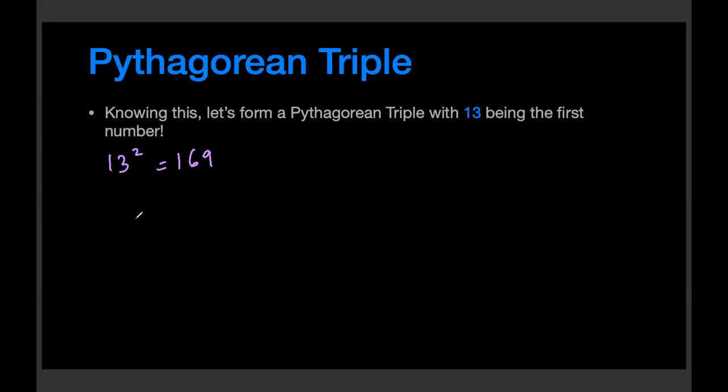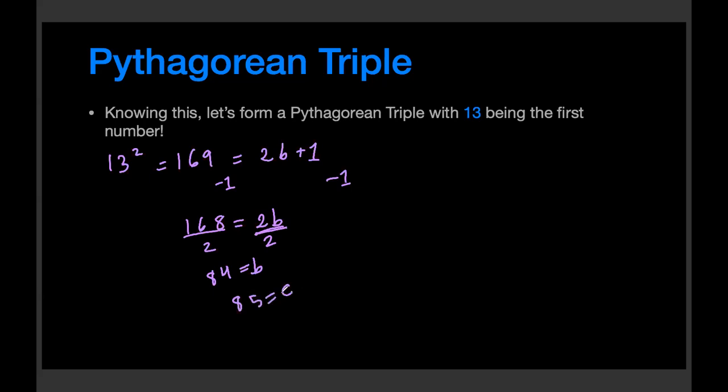So 169 equals 2B plus 1. Then I subtract 1 from both sides. Now it's 168 equals 2B. If I want to find B, I just divide both sides by 2. B equals 84. And C is 1 bigger than that, so it would be 85.